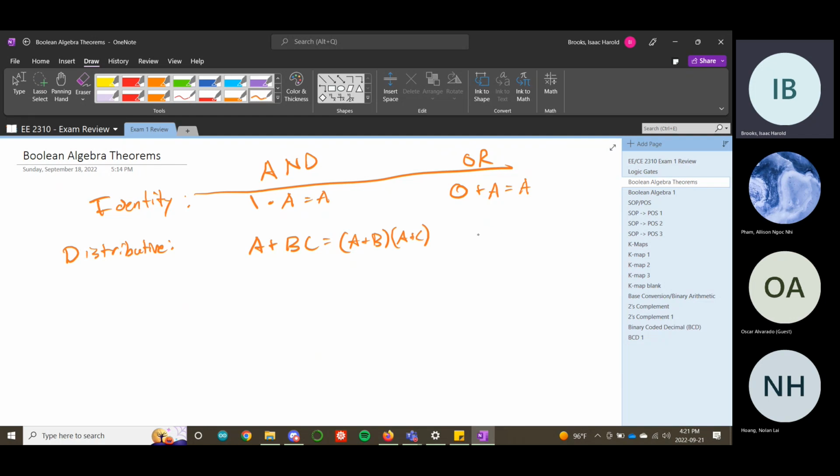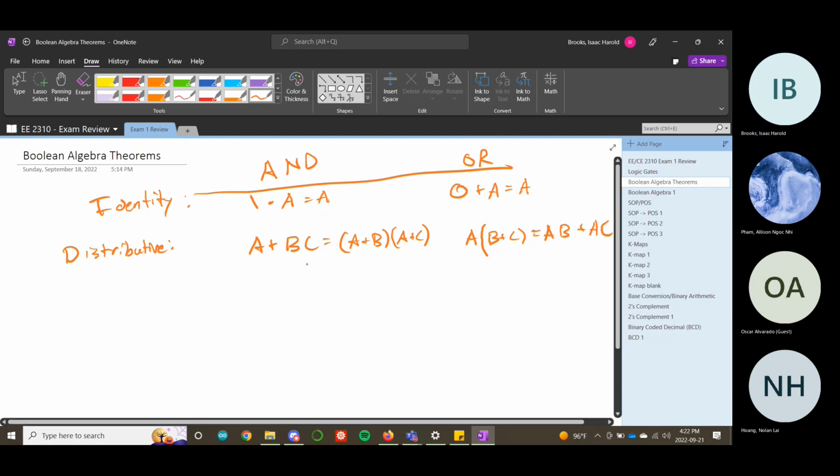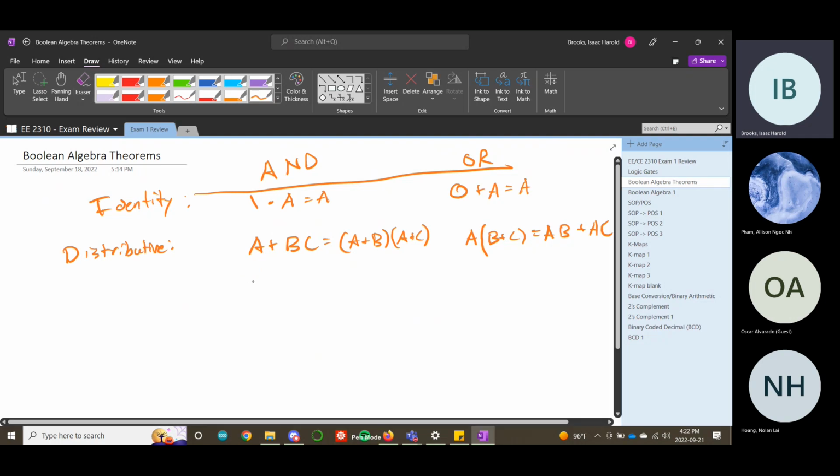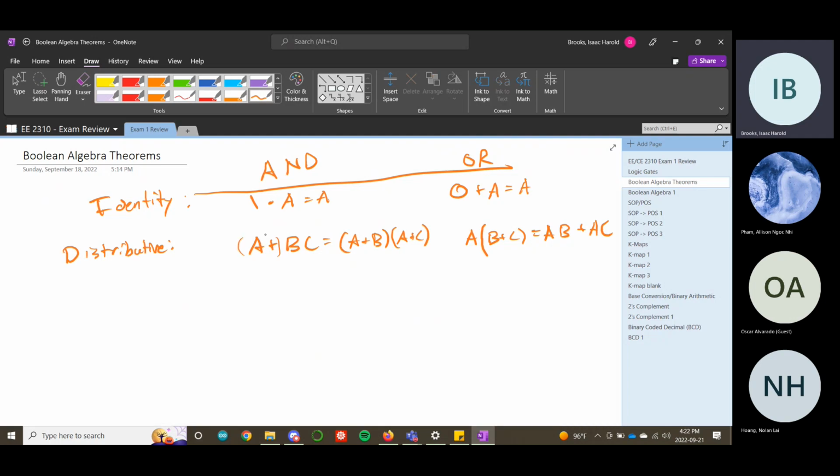For the other case, it would be A and B or C, which is like normal algebra: A and B or A and C. Because it's a little unintuitive that you can distribute this OR over AND, this is one where you might get stuck in your simplification. So don't forget that the distributive property works equally well for both AND and OR. You can think of it as distributing this A OR to this one and to that one.